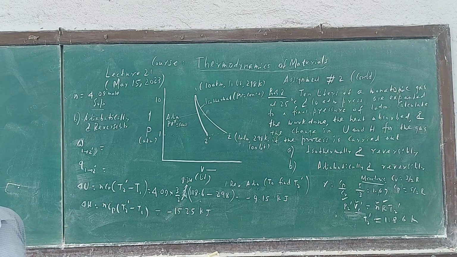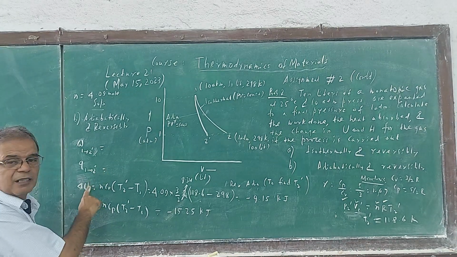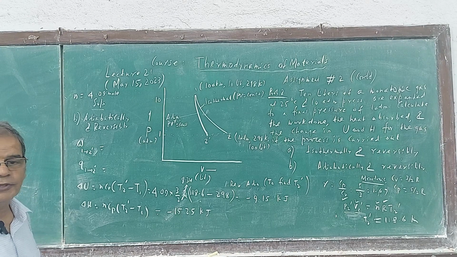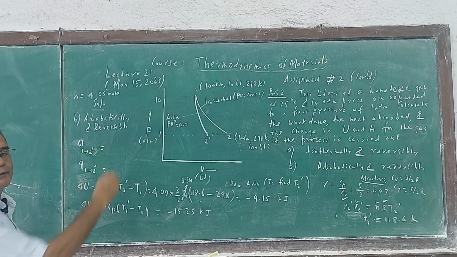Next, this one. Q for 1 to 2 prime. This is reversible adiabatic.